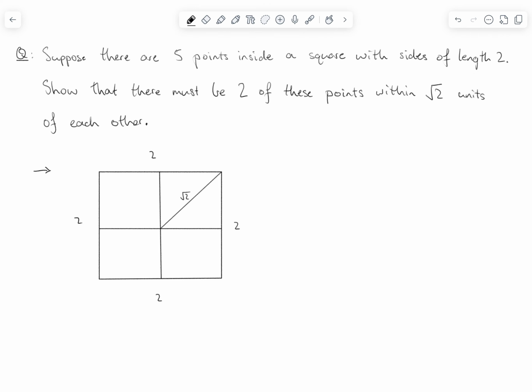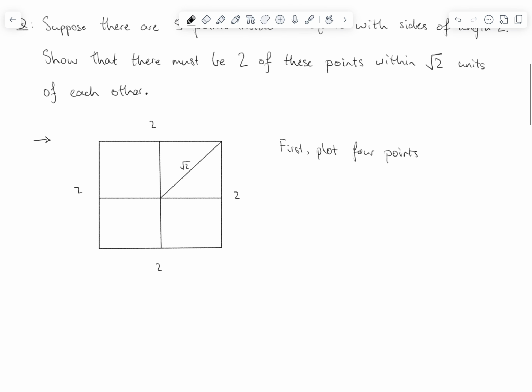Okay, let's show this in writing. First, what we want to do is plot 4 points in the square such that each of the unit squares, so each smaller square, contains a point.